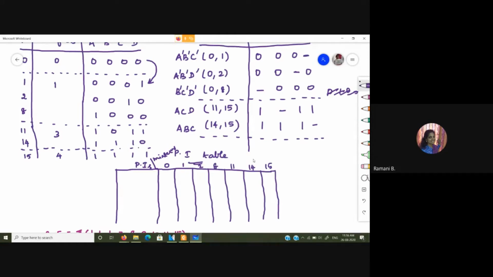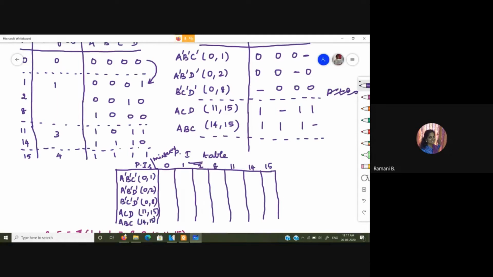Here I am going to have A bar, B bar, C bar, which is 0, 1, then A bar, B bar, D bar, which is 0, 2, then B bar, C bar, D bar, which is 0, 8, then A, C, D, which is 11, 15, and A, B, C, which is 14, 15.